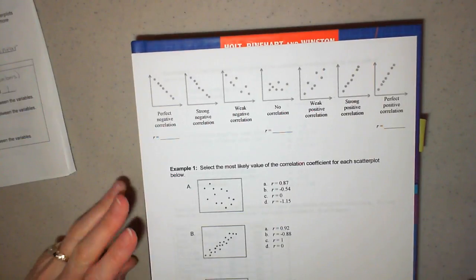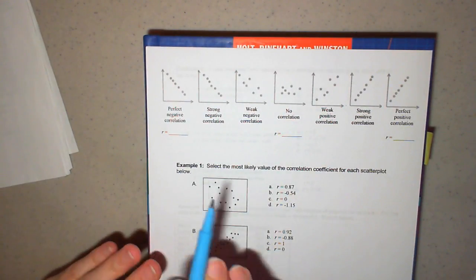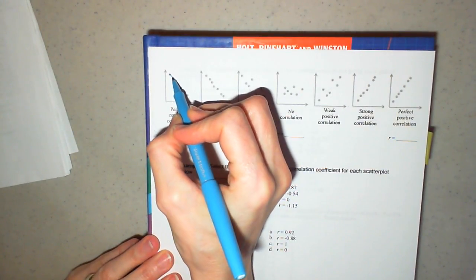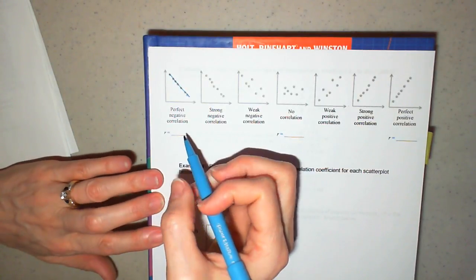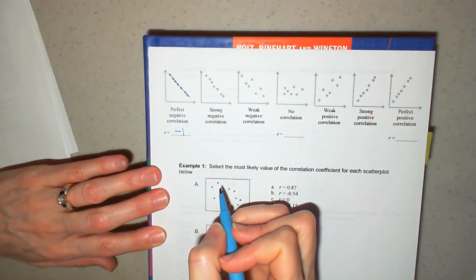Okay, here the pictures kind of tell the story. This is obviously a negative relationship. And notice how the points all line up to make a straight line. We would call this a perfect negative correlation, and the R value would be -1.